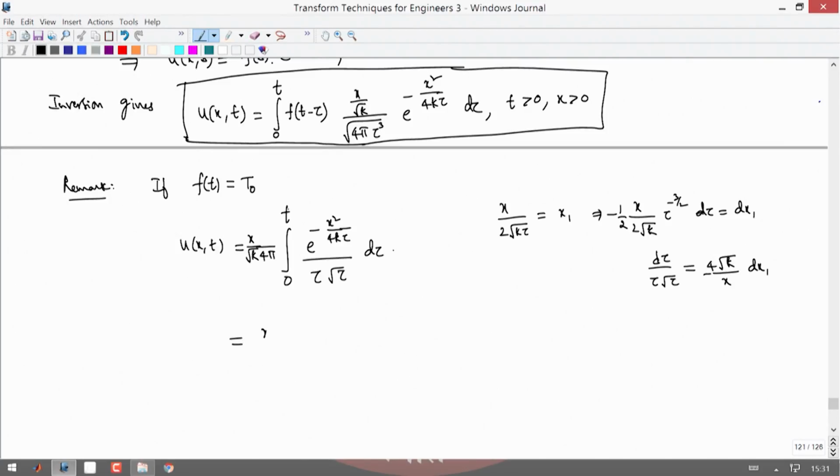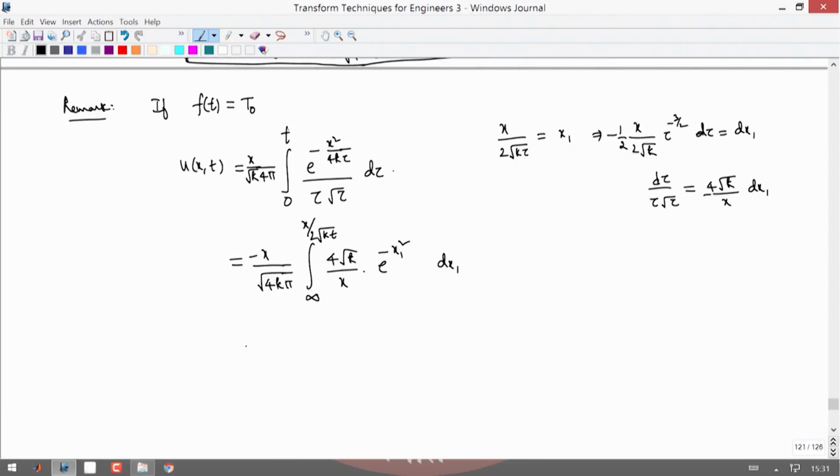So, this becomes x by square root of 4 k pi times integral. Now, when you put tau equal to 0, it is going to be infinity here, and you put tau equal to t here, so it is going to be x by 2 root k t, and you have this minus sign. For dx, you have 4 root k by x times dx1, and you have e power minus x1 square.